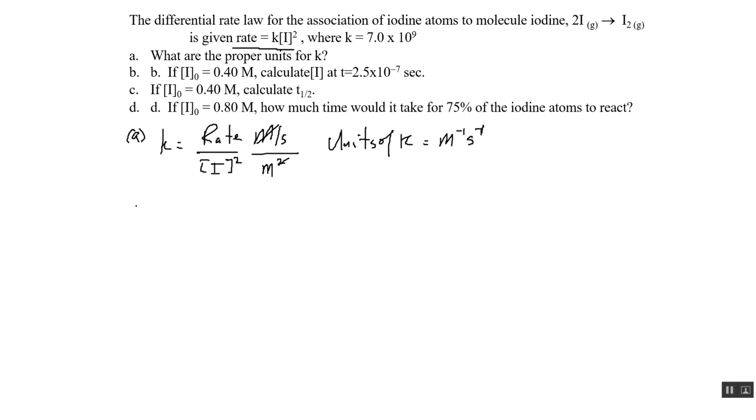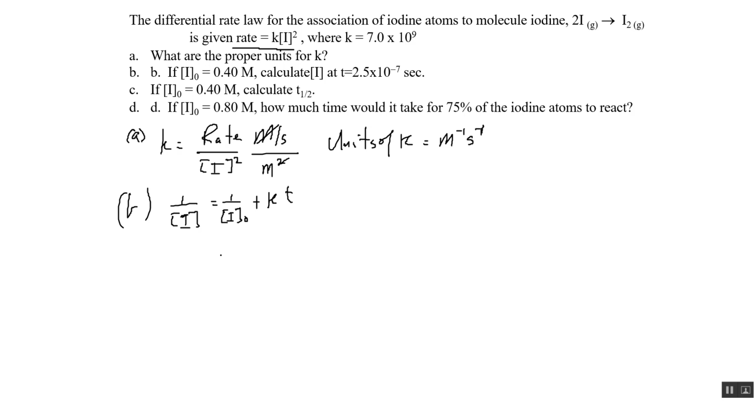Now, the B part, the question is asking for the concentration of I at time 2.5 times 10 to the minus 7 seconds if the concentration of I initially is 0.40 M. So the equation we're going to use for this is 1 over the concentration of I is equal to 1 over the initial concentration of I plus KT.